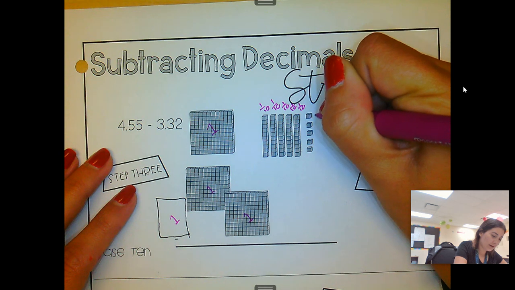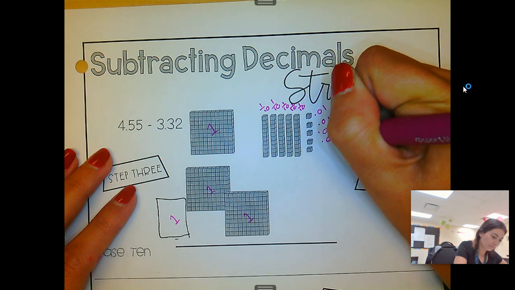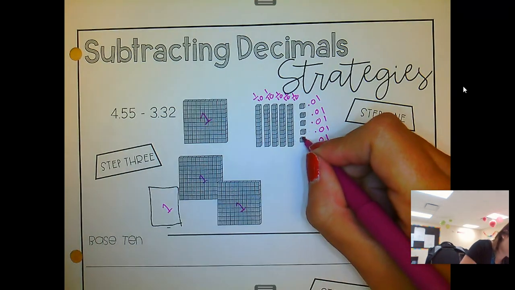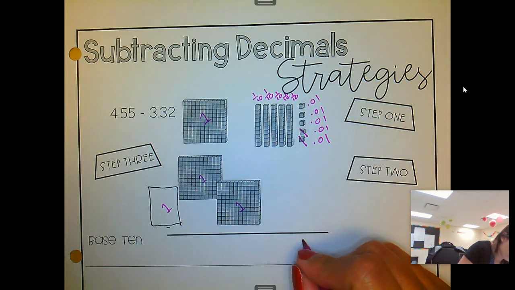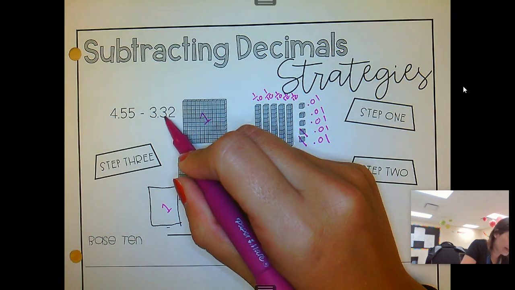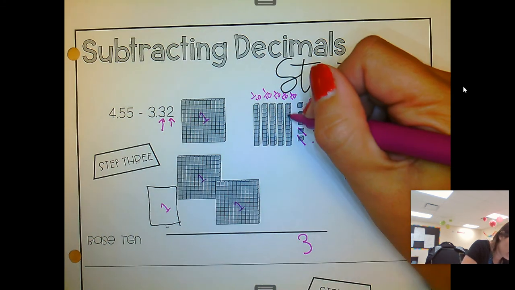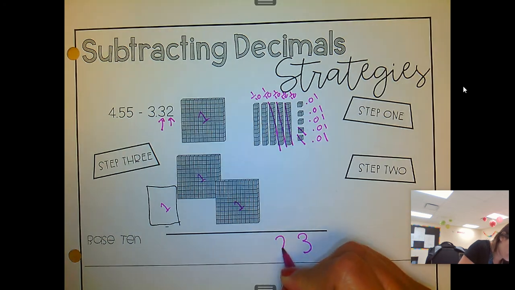And each of these are 100th. All right, so I'm going to subtract 2 hundredths. So I'm going to take these away. So I have 3 left. I'm going to take away 3 tenths. So that would be 1, 2, 3. We're left with 2 tenths.